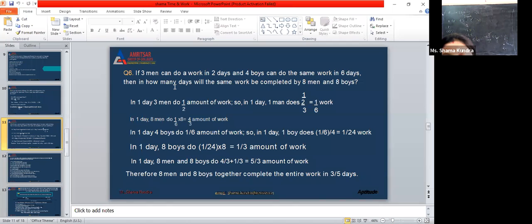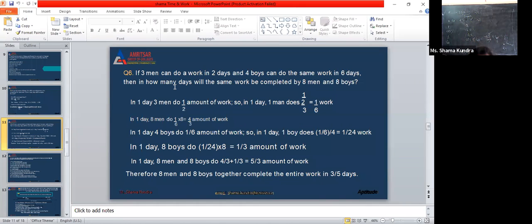That means the men are taking fewer days, which means men are working more. How much more are they working? They are working 3 times more than the boys. 3 men equals 3 times 4 boys. That is the reason they take 3 times less time than the boys.